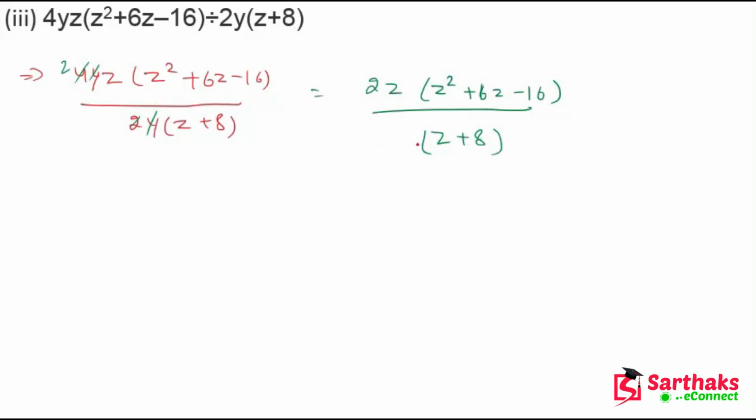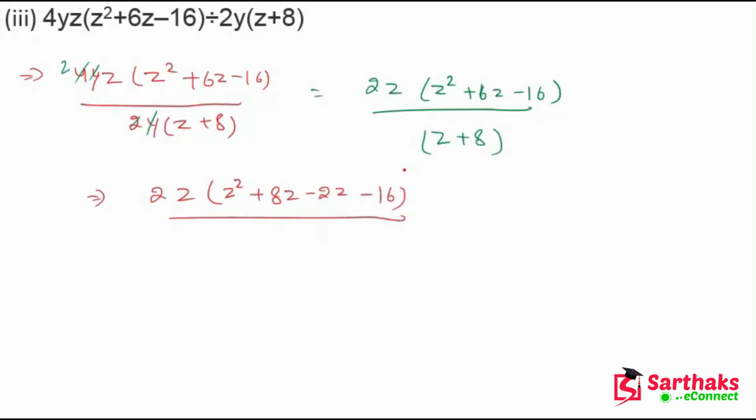Understand? Now we have to find the factors of this expression. How can we find it? Let's find that. So 2z into, if you solve this, we get z square. If we split the middle part, this becomes plus 8z minus 2z. We can split it like this, because if we solve this, we get 6z, and if we multiply 8 into 2, we get 16.